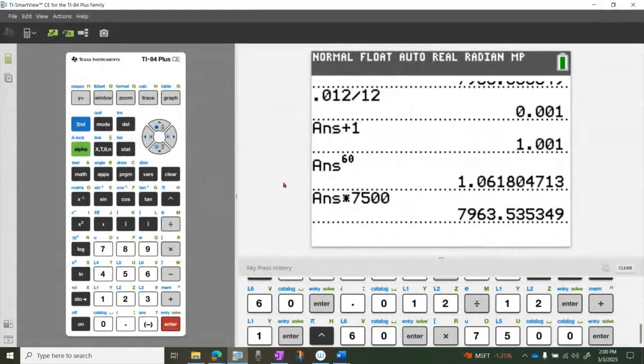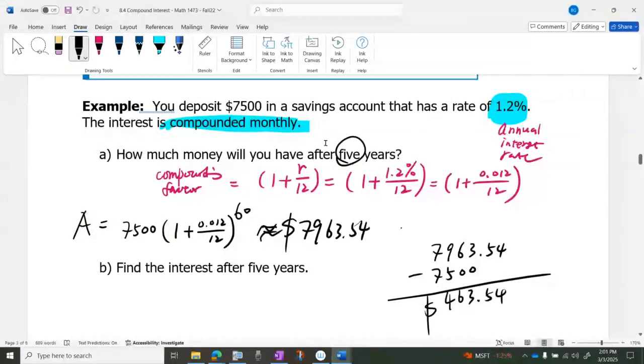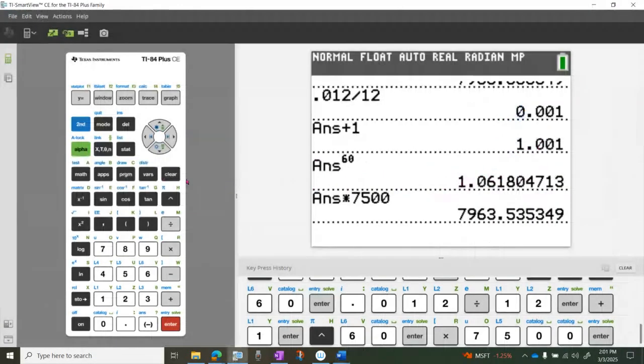And you know, actually, I changed my mind. I'm going to introduce how to use the TI-84 calculator, the finance application, to solve compounding problems. We're going to use the same problem here, right? The interest compounded monthly. This example. Very important thing.